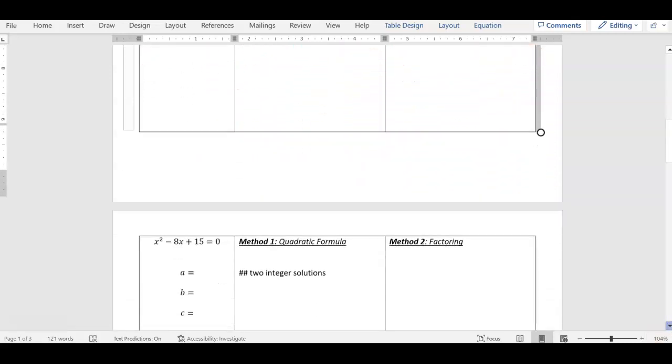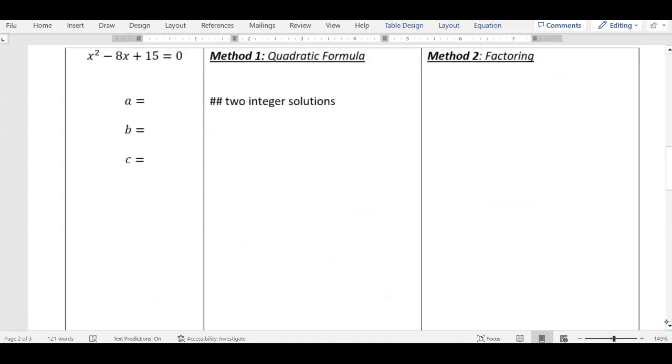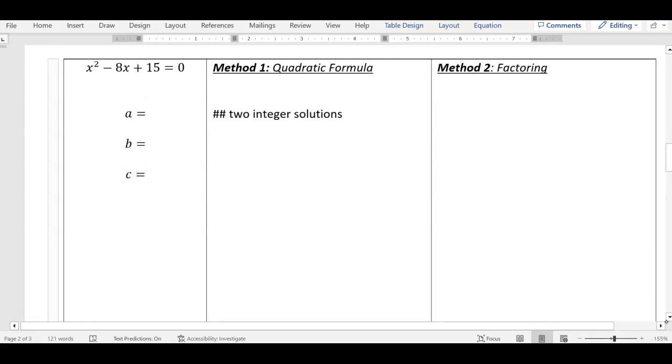Let's go to the next one. Okay, so flip it over. We're going to do it again. Is this equal to 0 right here? What do you think? Yeah, it says equals 0, so everything's good to go.